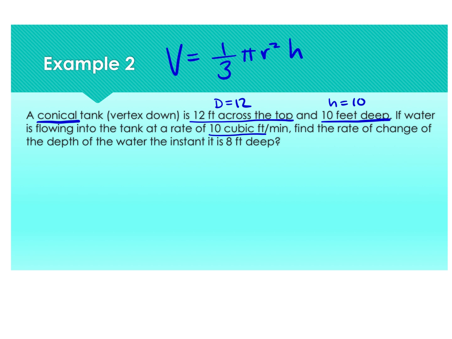So 10 cubic feet per minute would be what? dV over dt, perfect. And we're looking for the rate of change of the depth of the water. So dh over dt is what we're looking for. That's what the question's asking. The instant the water's 8 feet deep, so when h is 8.